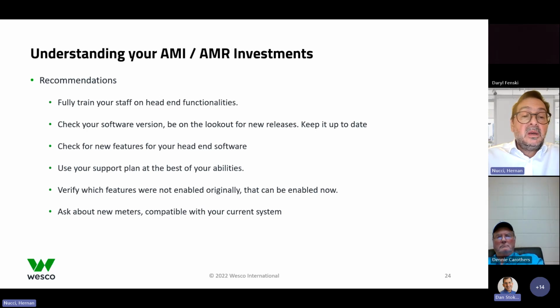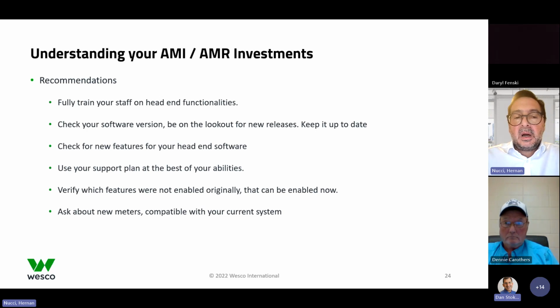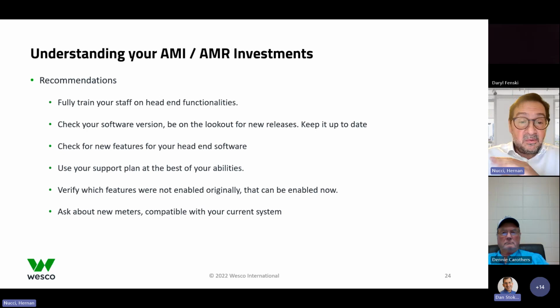It's very common to see functionalities that are available in the system you have that are not being used because the person who knew how to use them retired. So train people on your systems, reach out to the manufacturer, request training, and invest in training. It's amazing how these systems spring back to full capacity just by training people.